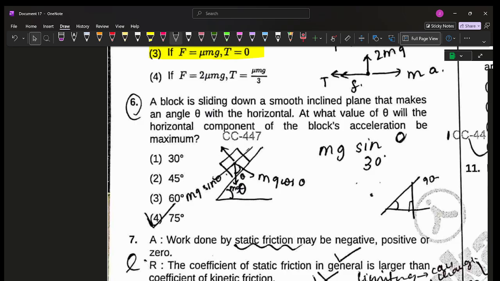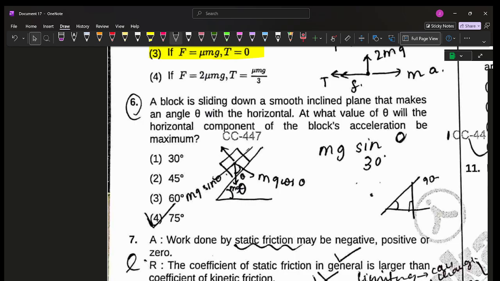So one thing I would have made a mistake is that g sine theta is along the incline, but we need to find it with respect to the horizontal, because they clearly mention the horizontal component of the block's acceleration.